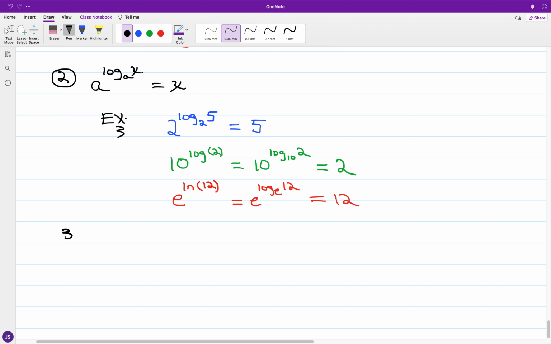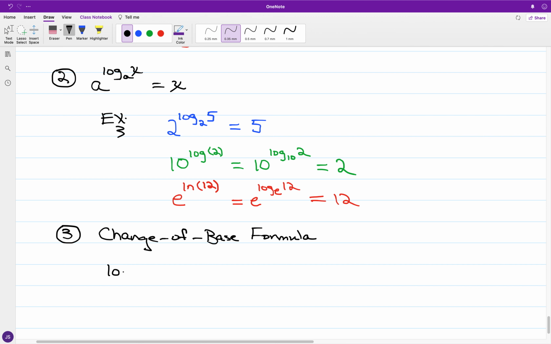And if you have situations where you're trying to approximate a value that is in a logarithmic base other than 10 or e, you will use what's regarded as a change of base formula.